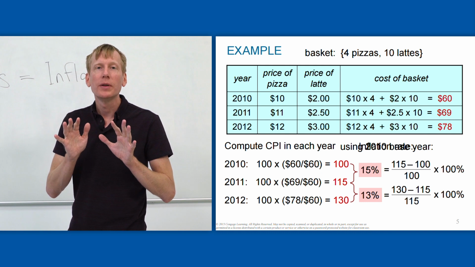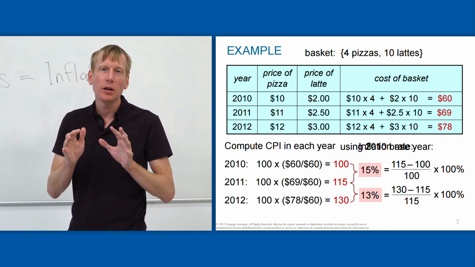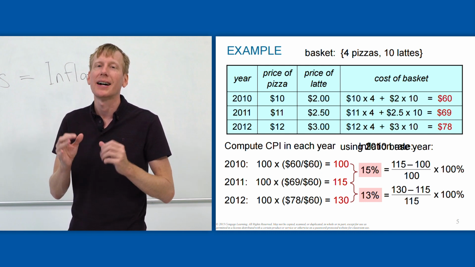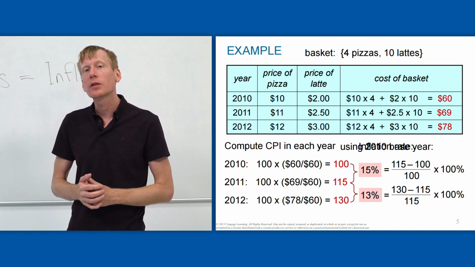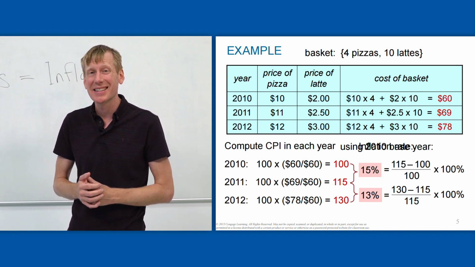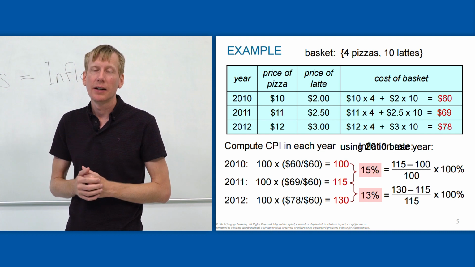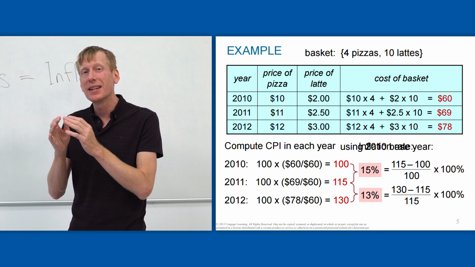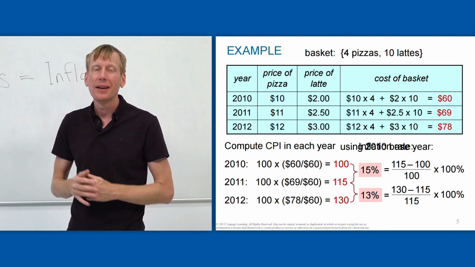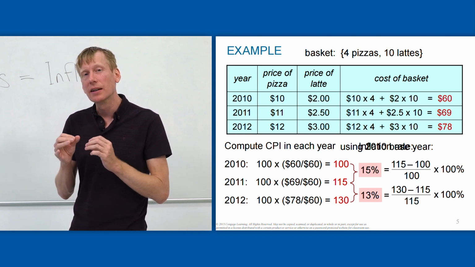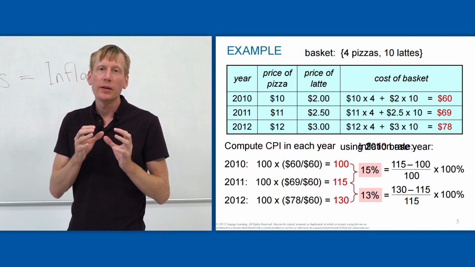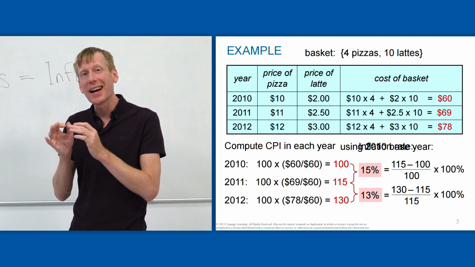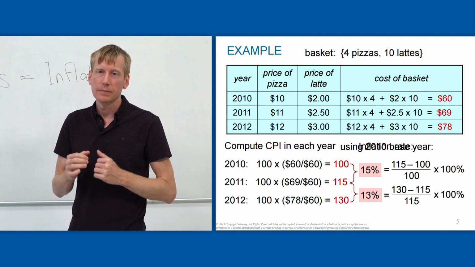Again, the goods and services in that consumption basket are constant. So then if the total cost of the basket is 60 in the base year, the base year CPI would be 100 times 60 divided by 60. And the CPI in the second year would be 100 times 69 over 60.